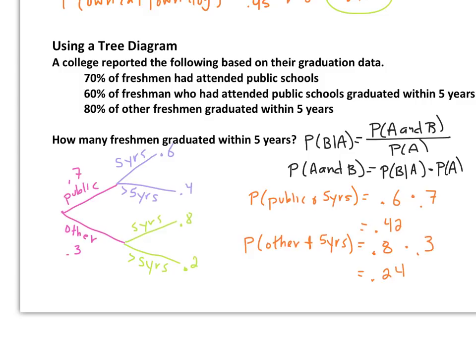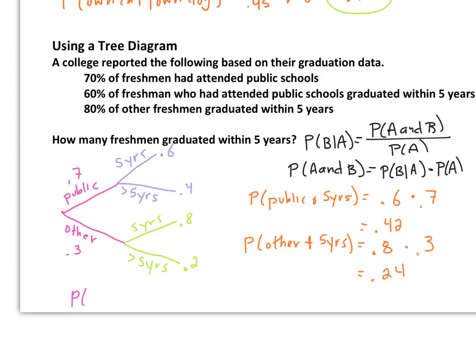All right, so we found the probability public in 5 years, other in 5 years, 0.42 and 0.24. Now if we want to find the total of how many freshmen graduated within 5 years, well, that means they went to public and graduated within 5 years, or they went to other and graduated within 5 years.